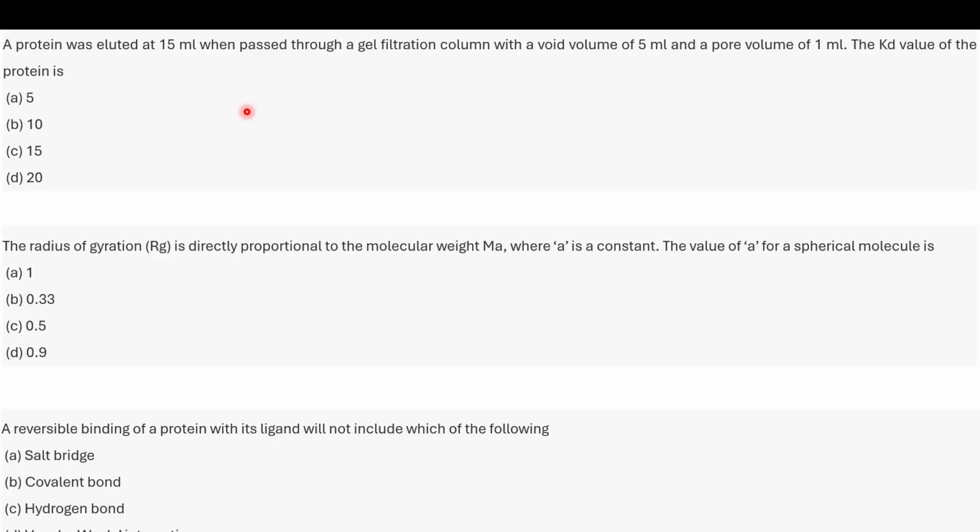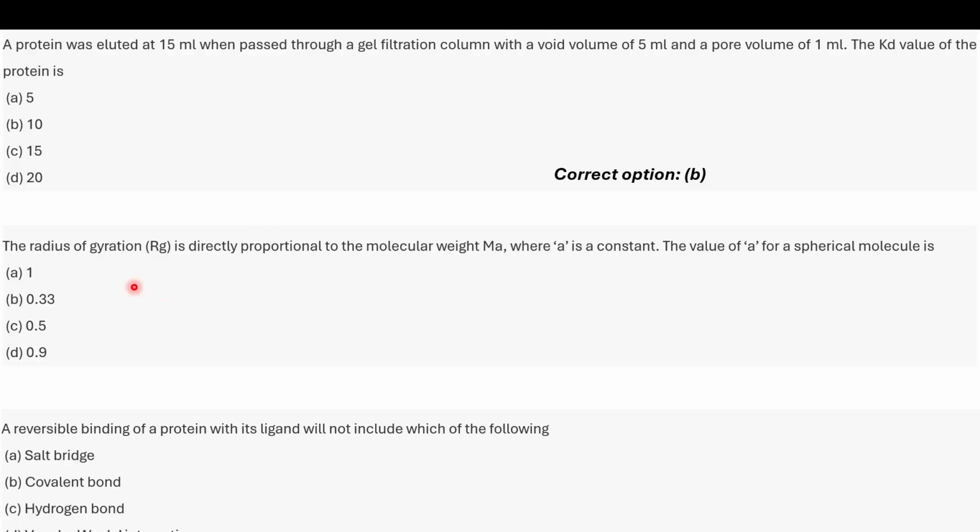Okay. So the answer will be 10 here. Like, eluted at 15 ml, void volume is 5 ml, right? So elution volume, void volume, you have to remove it and the pore volume, which will eventually give you the distribution coefficient or the partition coefficient.